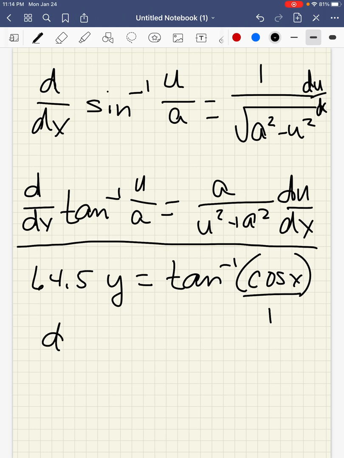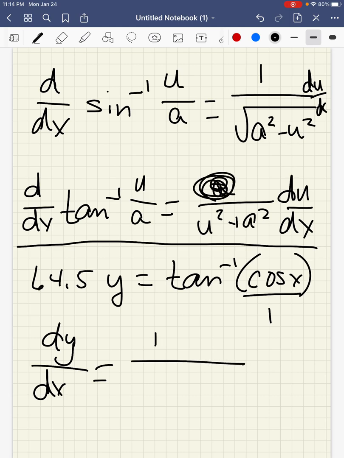So dy dx is going to be equal to, a is 1, so 1 goes here over u is cosine, so that would be cosine squared of x plus a squared is 1 squared, and then times du dx.